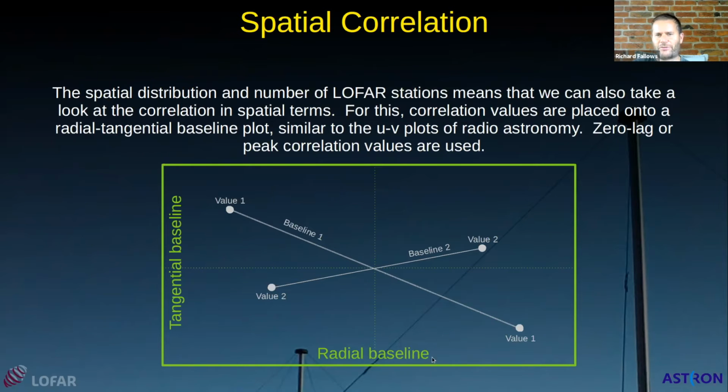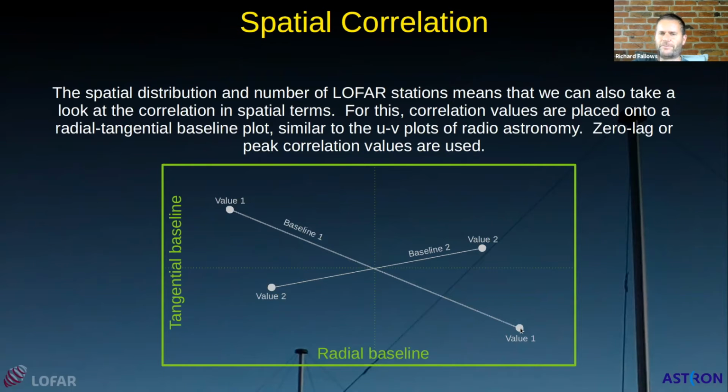But instead of the X and Y axes being U and V coordinates, they are instead radial baseline versus tangential baseline, which is just the perpendicular component to the radial direction. And then we say, okay, so we have this pair of stations with this baseline 1, which is going in this direction in the radial tangential plane.